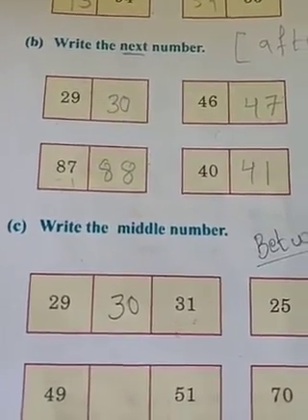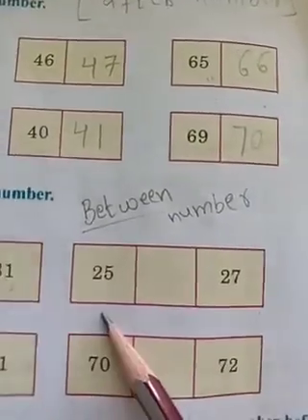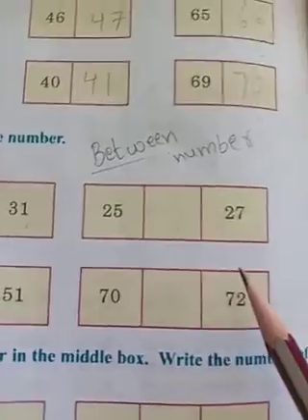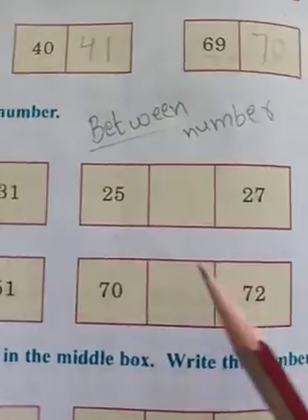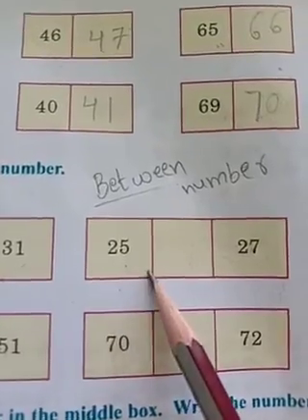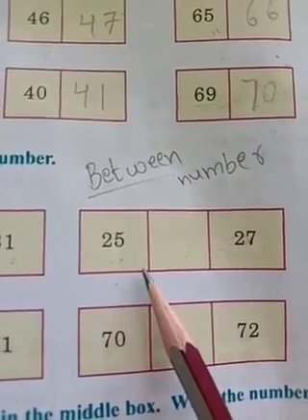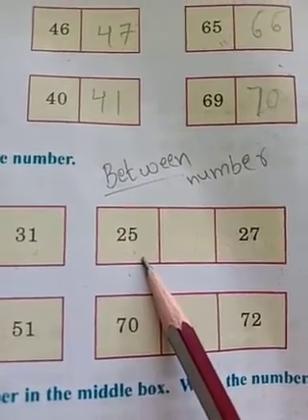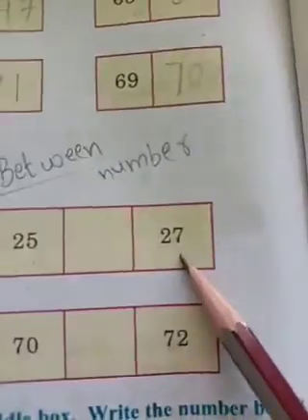THIRTY 30. See here. 25, 27. 5 ones, 2 tens. So the number is 25. 25 spelling. TWENTY 20, FIVE 5. 25.